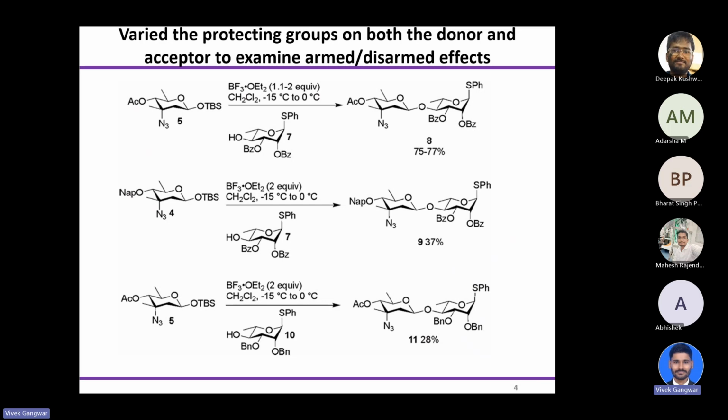And in case of this acceptor, they change from disarmed to armed, then also they are getting only beta selectivity, but the yield is decreasing when they change armed to disarmed or disarmed to armed.